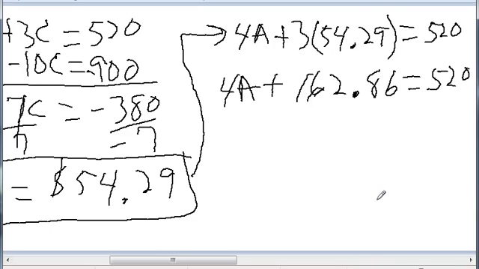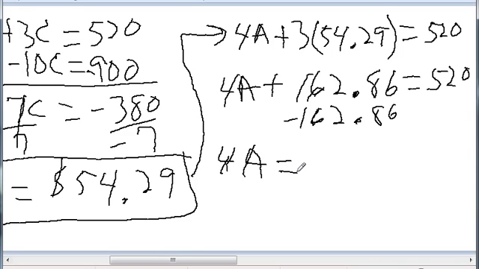Then we want to subtract our 162.86 on both sides of the equation, leaving us with 4a is going to be equal to 357.14.